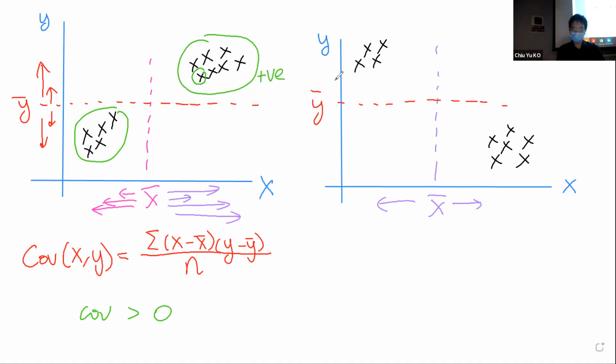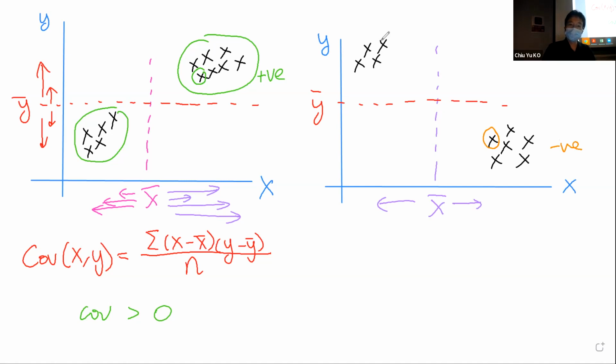Now let's look at the orange one. I pick up a point, this orange dot. It has an x coordinate bigger than x bar, but the y coordinate is lower than y bar. So this entry will be negative, because one is positive and one is negative.